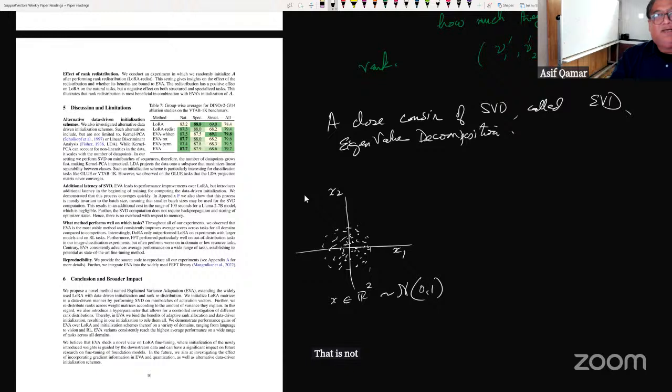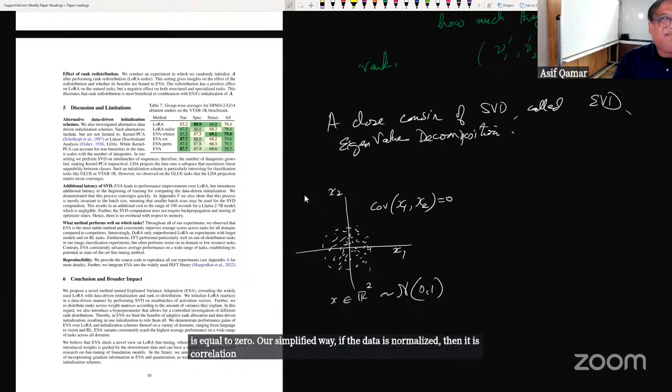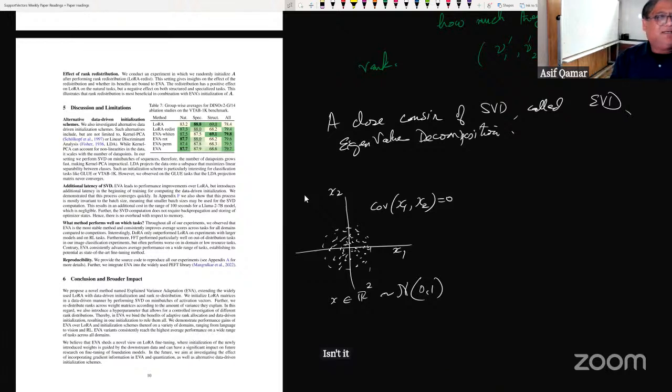Half the points are on the opposite side, isn't it? So the covariance is equal to 0. Or in a simplified way, if the data is normalized, then it is correlation. So what is the correlation between X1 and X2? It is 0, isn't it, guys? X2 doesn't seem to be in any way related to X1.